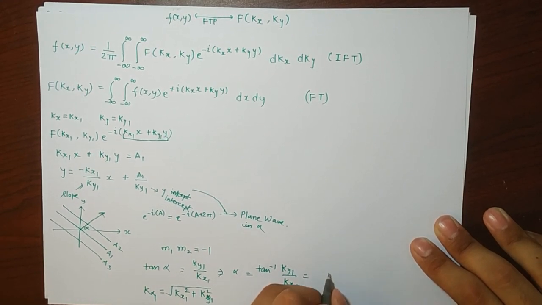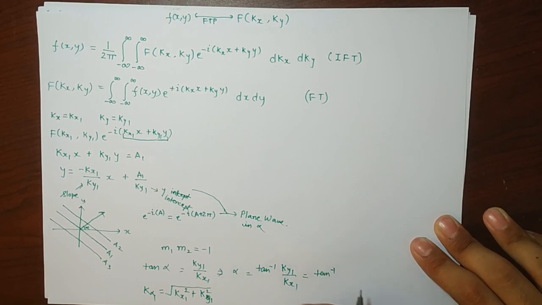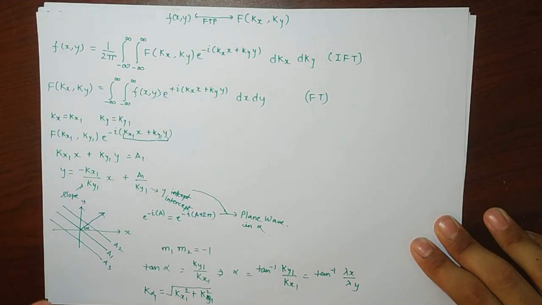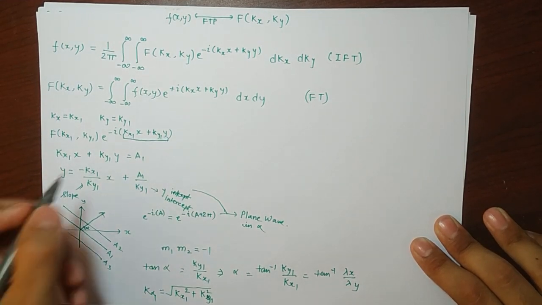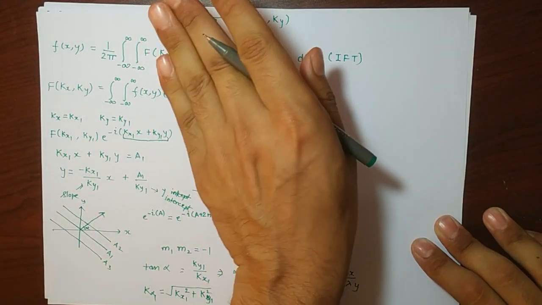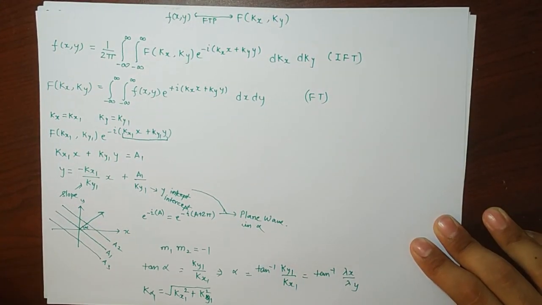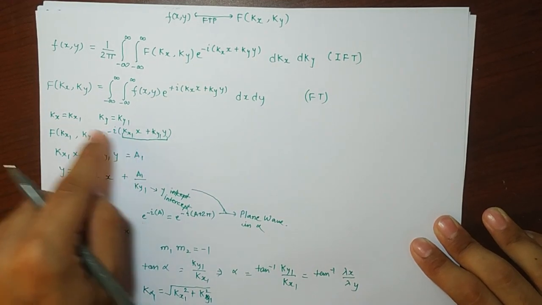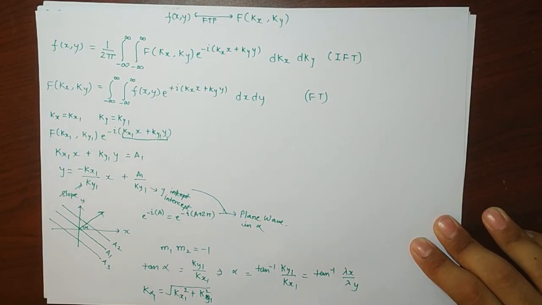This you can write in terms of lambda as well, where k is 2 pi by lambda, so this will go to lambda x, lambda y. So you can feel now that this particular function is basically a plane wave in alpha direction, which is multiplied by this f of kx1 comma ky1.